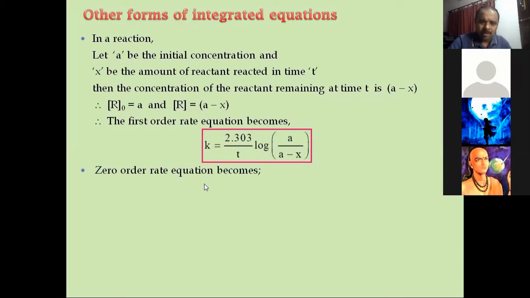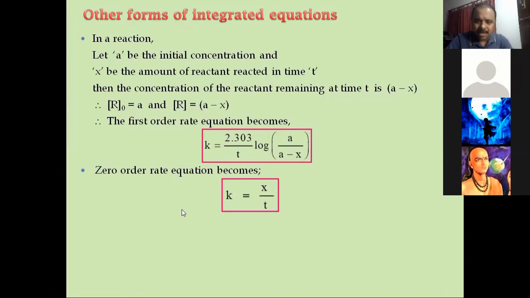For zero order, the rate equation becomes, look at this. Can you tell me what is R naught minus R?